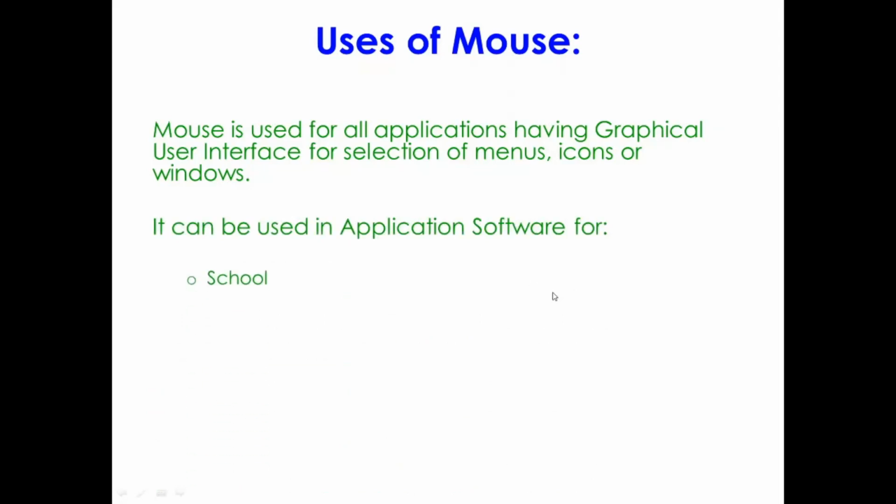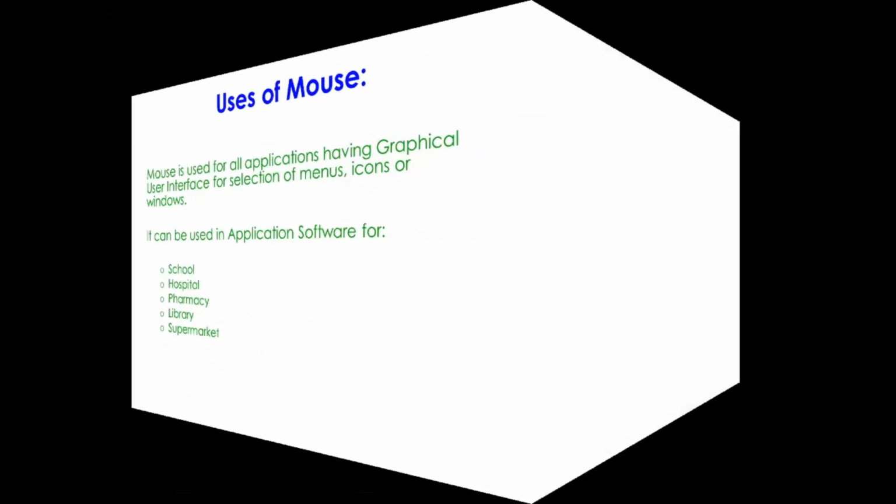And the mouse is an essential part of the computer. You may see it in many situations, with application software for school, for hospital, for pharmacy, library, supermarket, and there can be others as well, in other situations where you can use a mouse.